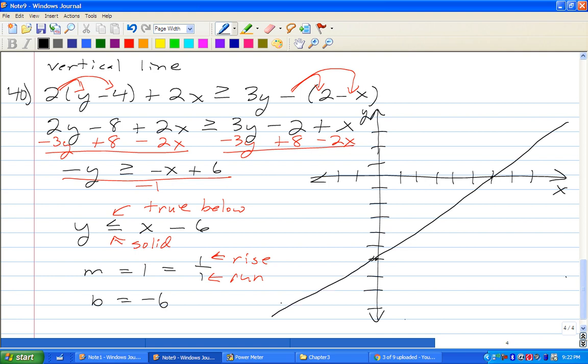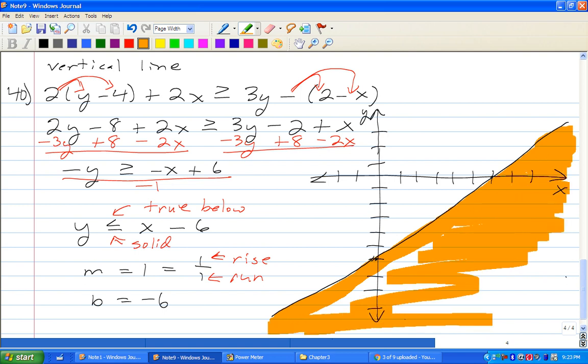So it's a solid line, and it's true below. So let's shade below. And so it should look something like this. And so all out here is my solution.